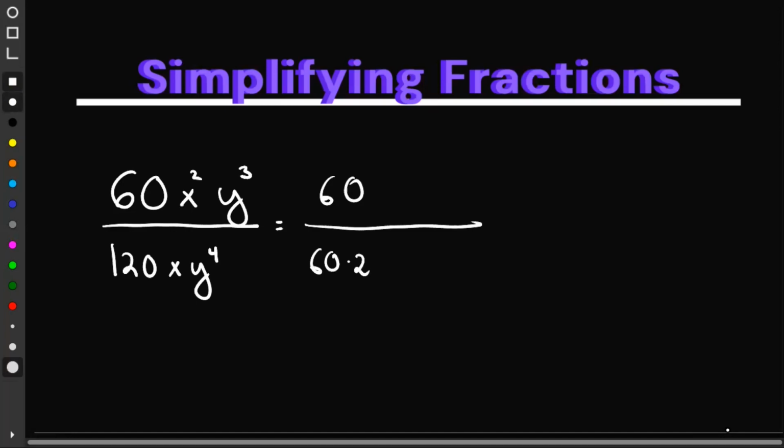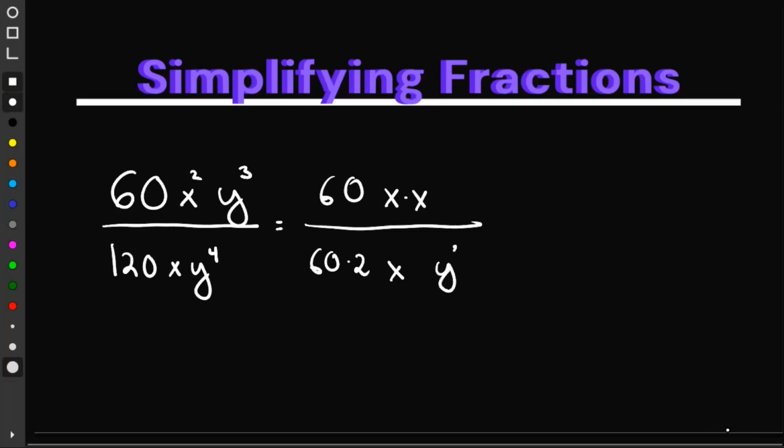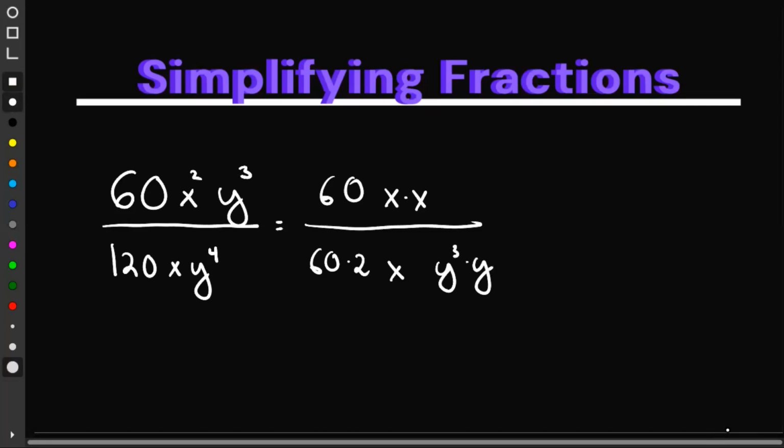Now for the x, observe that x squared is x times x. So we can cancel one of those as well. For the y, observe that y raised to 4 is equal to y cubed times y.